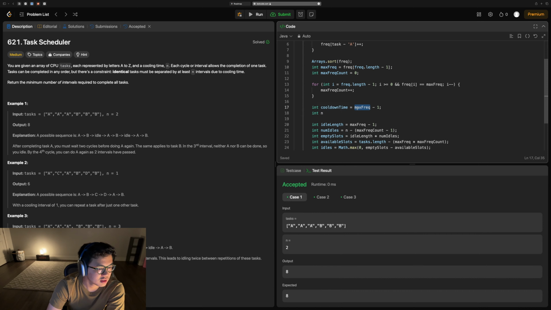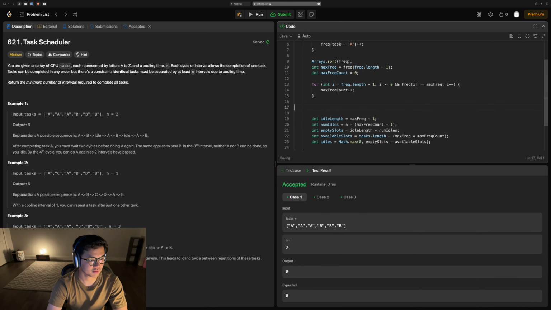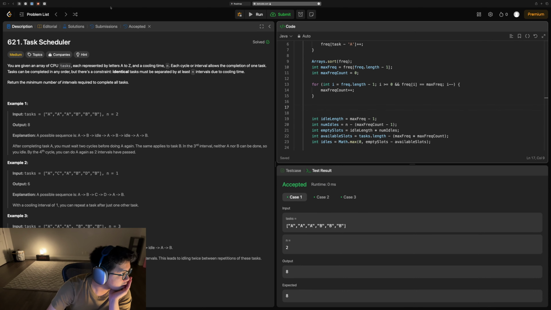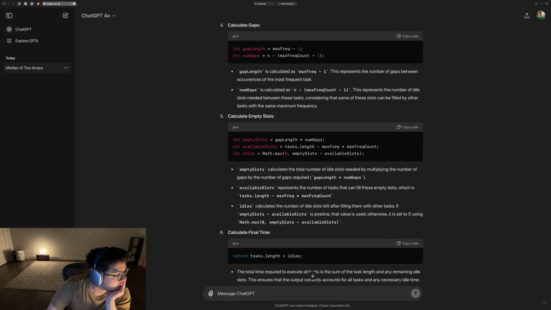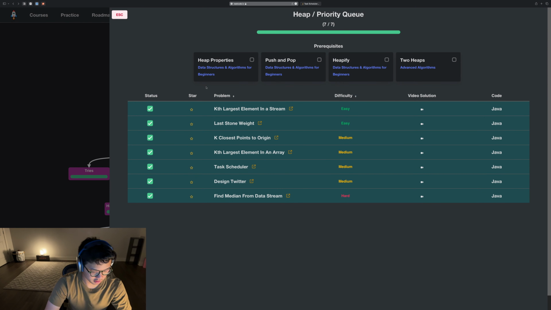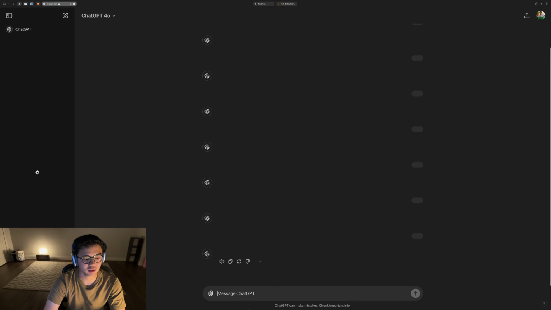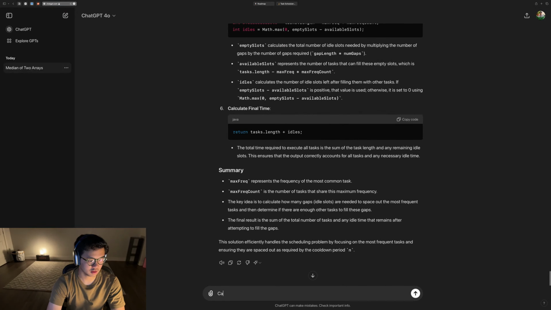Max frequency. What does max frequency minus 1 tell us? Okay. Oh my gosh. Can you rename the variables to something that makes more sense, please?